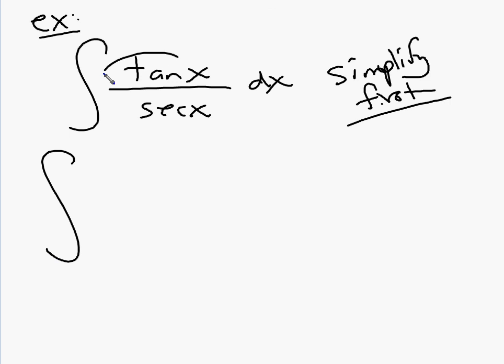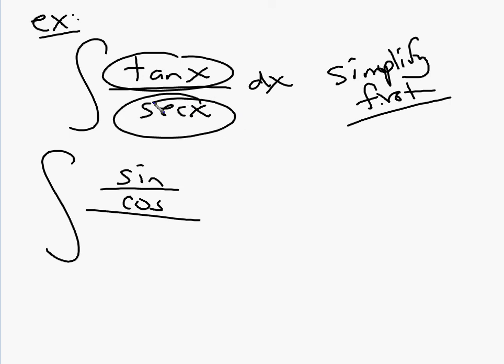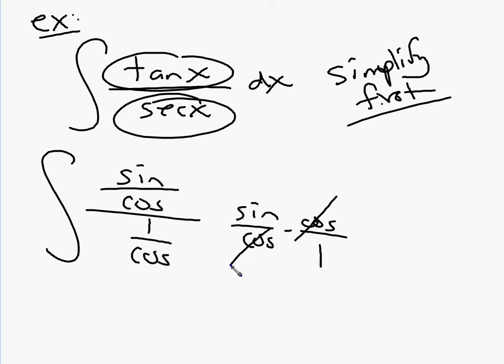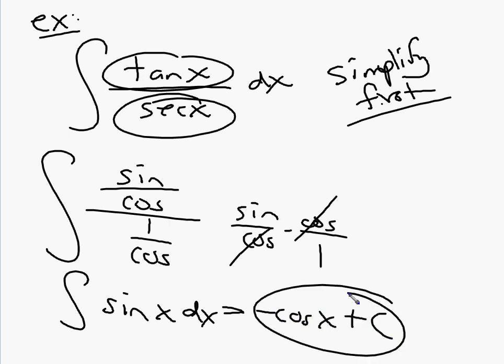Isn't tangent sine over cosine? And isn't secant 1 over cosine? And you multiply by the reciprocal, sine over cosine times cosine over 1. Those go away, and now I'm just integrating sine x dx, which is negative cosine x plus c.